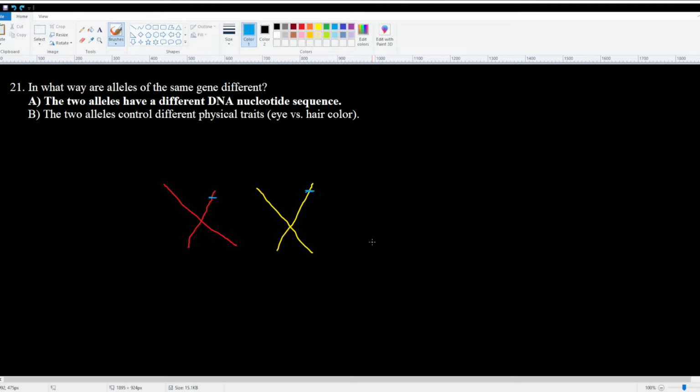But basically, what is happening here is that we have two of the same coding regions, right? Both of these coding regions will code for the same physical trait. It's not like this one codes for eye color and this codes for hair color. Down here we would code for hair color, or down here we would code for eye color. Over here we're coding for the same thing.